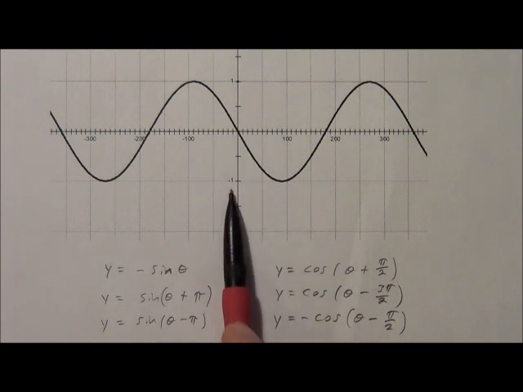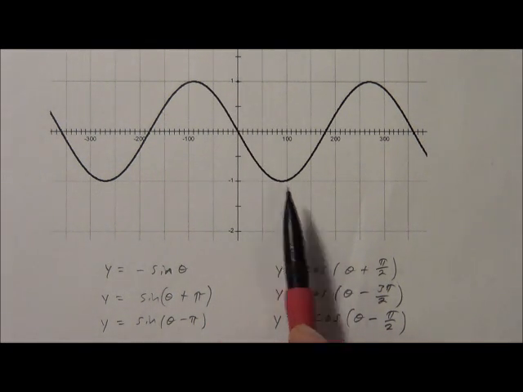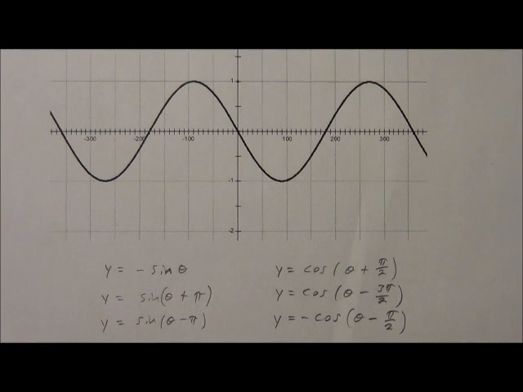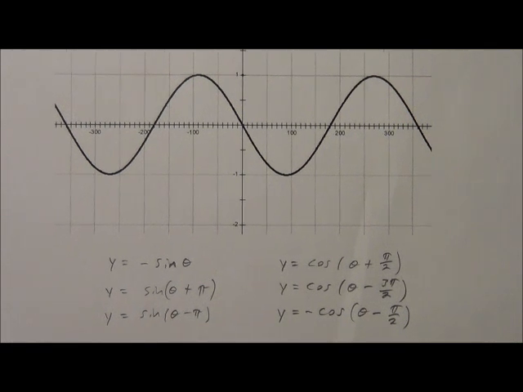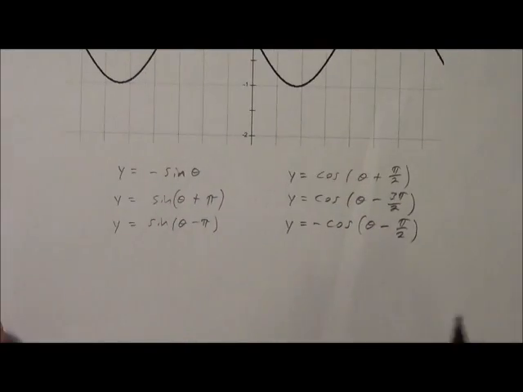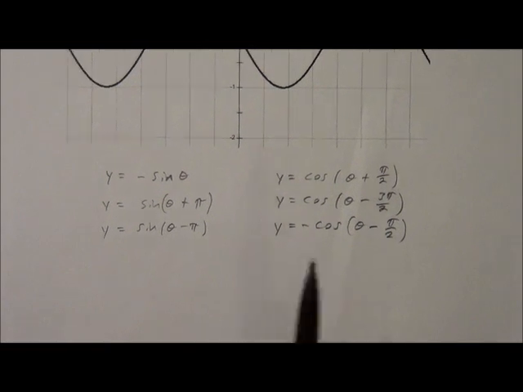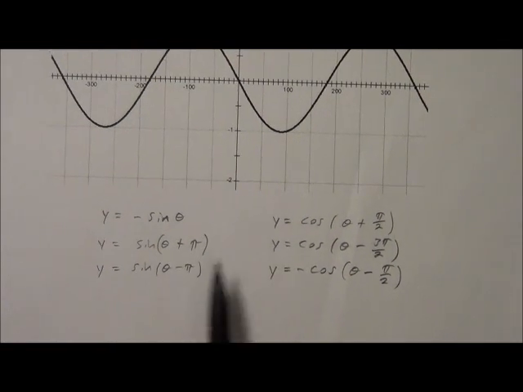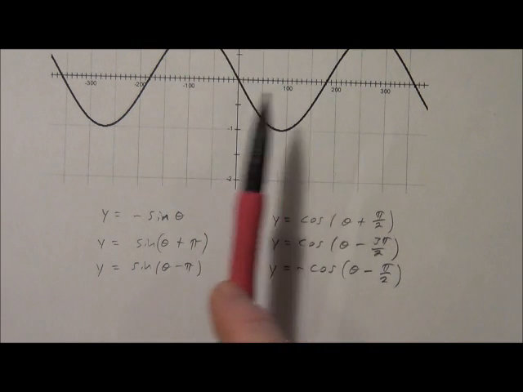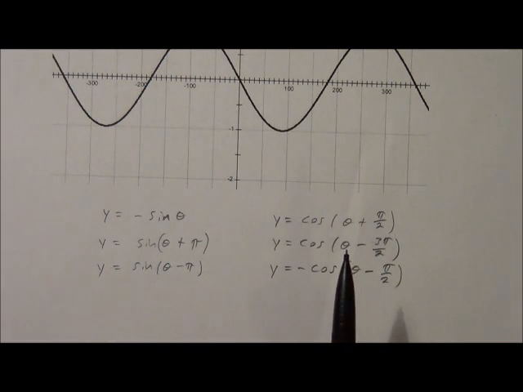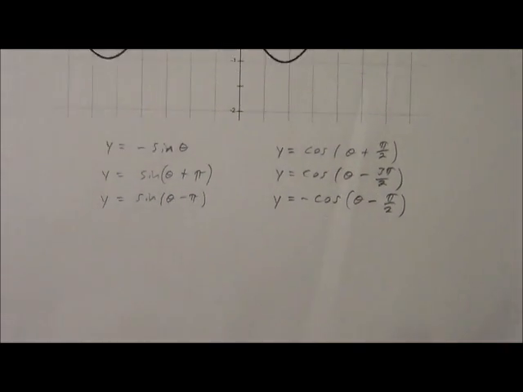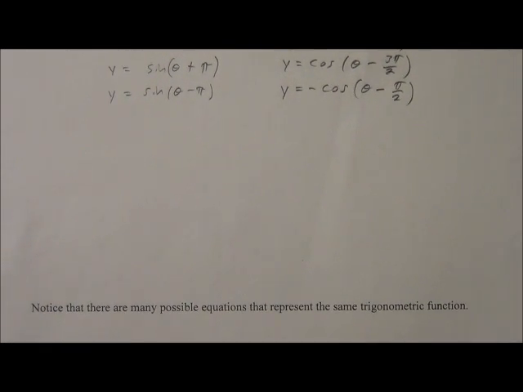So it's been reflected and then shifted to the right by pi by 2. Some of you may have had some of these, some of you would have had perhaps equations that were different than these. As long as the phase shifts and the reflections work out the same, then there's no problem whatsoever. There are, of course, many different possible equations that represent the same trigonometric function.